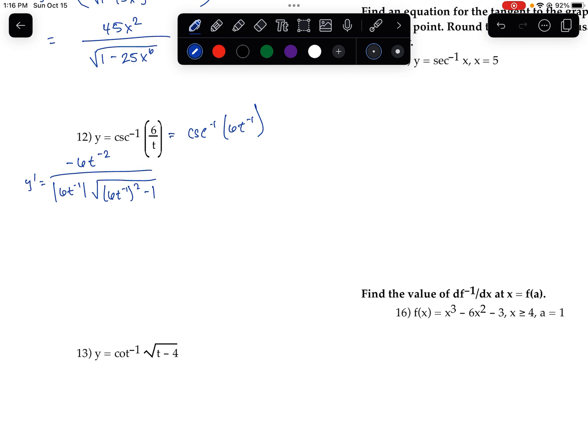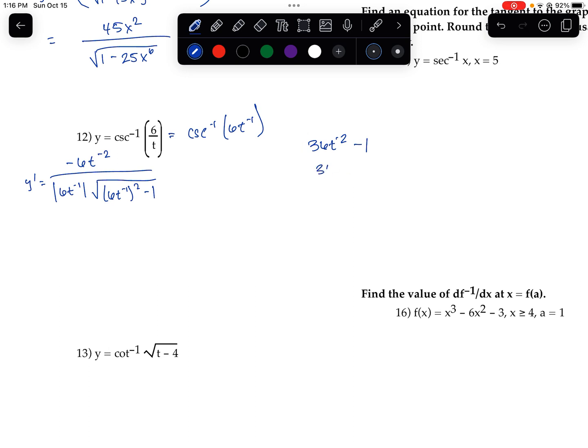And then as far as simplifying goes, you can simplify this denominator. Let me do a sidebar sort of thing. So 6t to the negative 1 squared is just going to be 36t to the negative 2 minus 1. Again, this is what's happening underneath the radical.